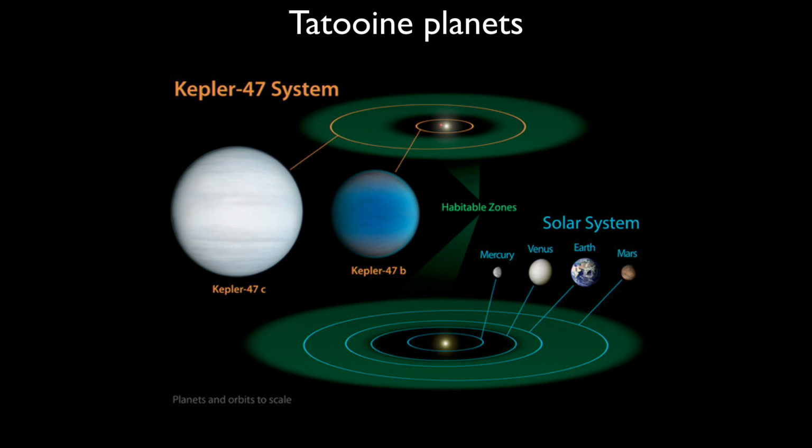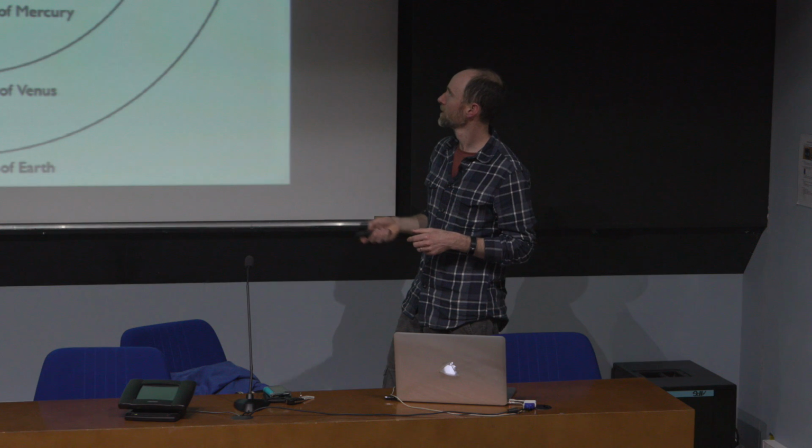And in the Kepler 47 system, there are 2 planets. They're both giant planets, so not small rocky ones like in Star Wars, but they orbit, instead of one star, around 2 tightly bound stars. So these things really exist and we really see them. I think there are 10 or 20 of them known now, something like that.